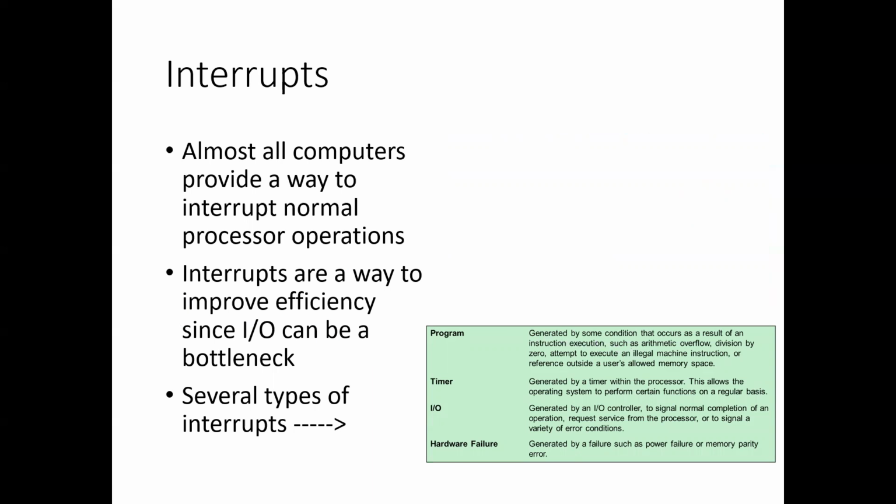Timer interrupts allow the operating system to perform certain functions on a regular basis instead of just purely running the program. I/O is probably the most frequent one, which is generated by an I/O controller to signal the completion of an operation, request service from the processor, or to signal a variety of error conditions, such as a PC load letter. And last but not least, you can have an interrupt for hardware failure.